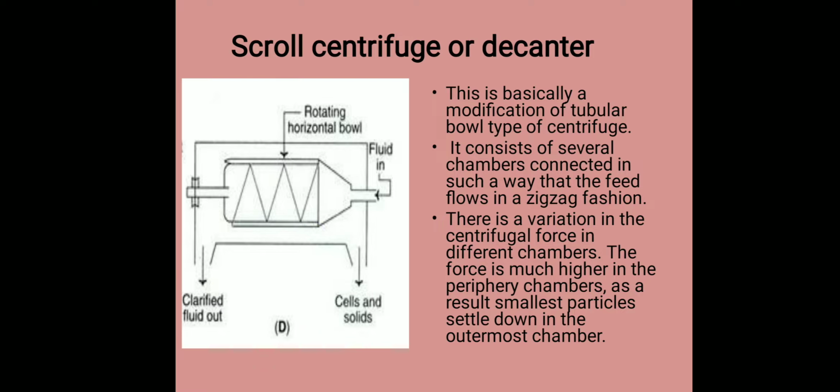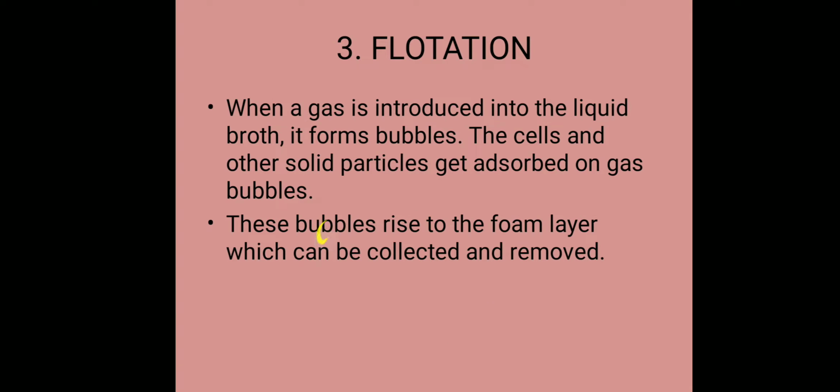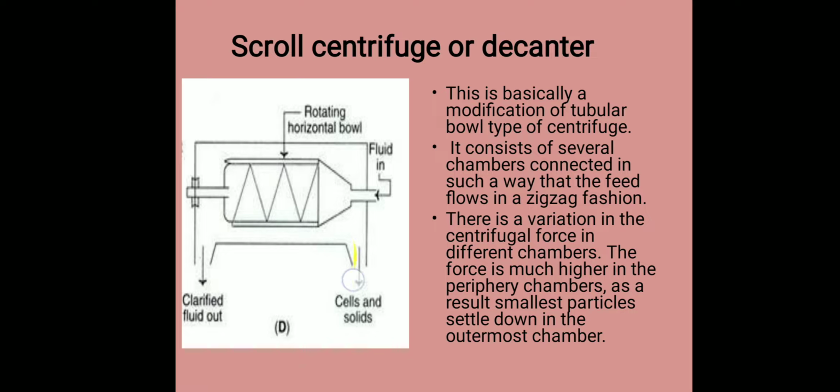As a result, the smallest particles settle down in the outermost chamber and the heavier particles settle in the innermost chamber. The cells and the liquid will be separated out in this scroll centrifuge or decanter.